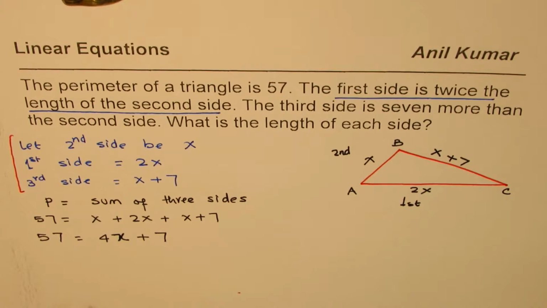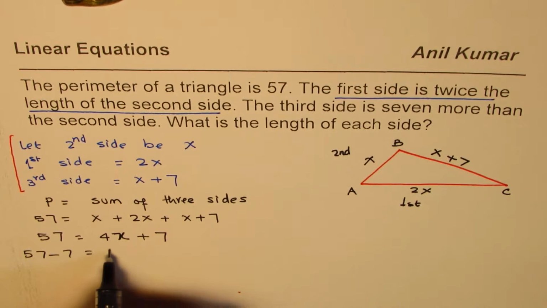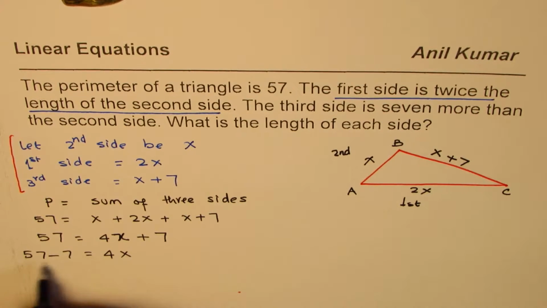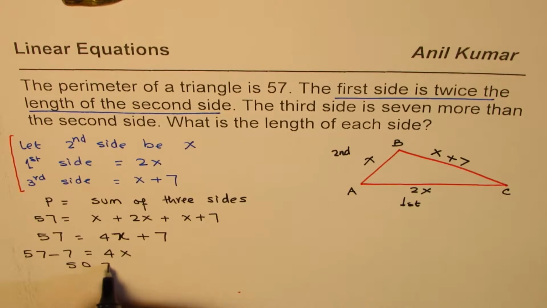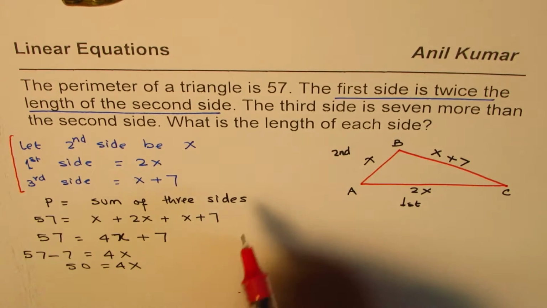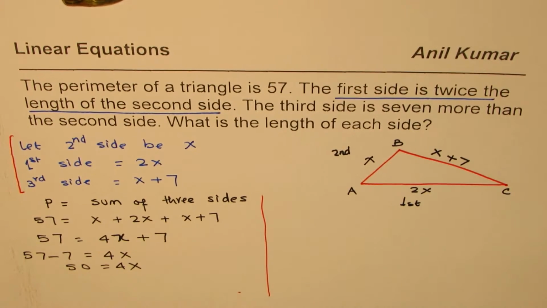Now we have a linear equation. We can solve it. We want to solve for x. We'll isolate 4x, so we'll do 57 minus 7 equals 4x. Now 57 minus 7 is just 50. So 50 equals 4 times x. Correct? So we can now solve for x by dividing 50 by 4.